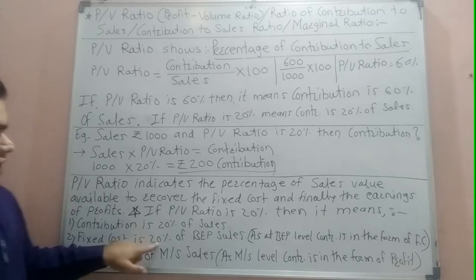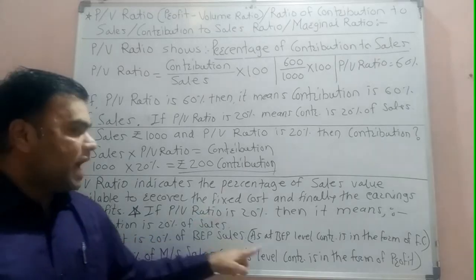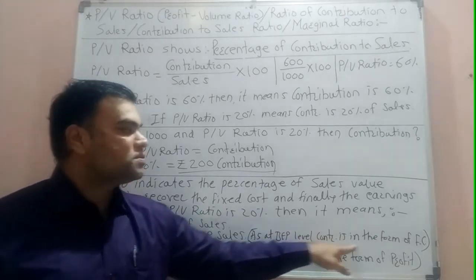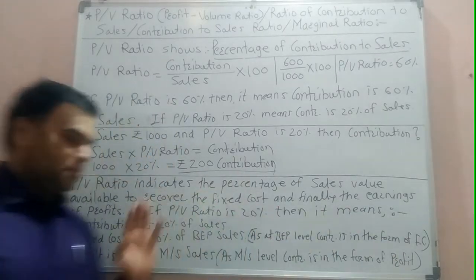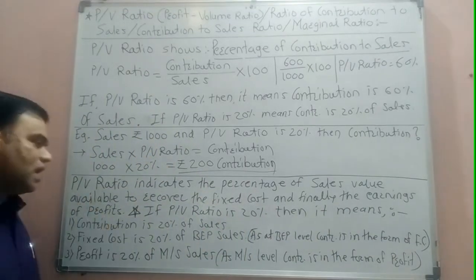At BEP level, contribution is in the form of fixed cost. That's why this happens.